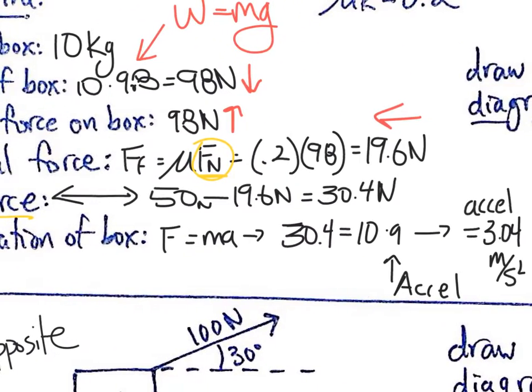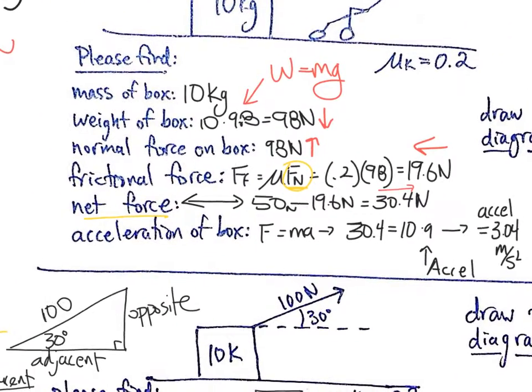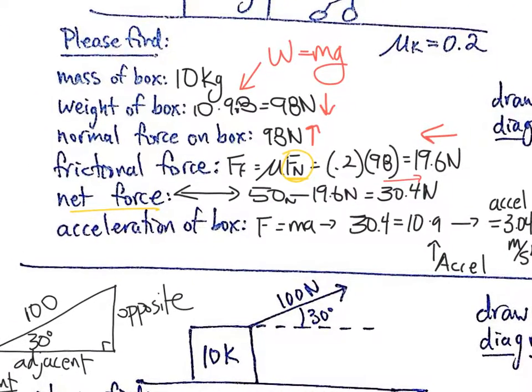So this is why for net force, I have 50, this is indicating it's in the horizontal direction, 50 newtons minus 19.6 newtons, so that equals 30.4 newtons, and if we were drawing an arrow to indicate direction, we know that that is to the right. Okay, so that physics teacher is pulling with a force greater than the frictional force.